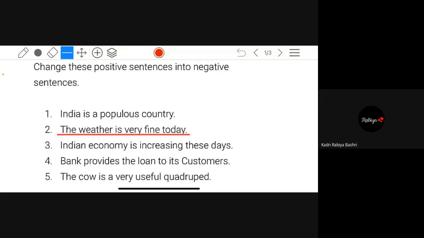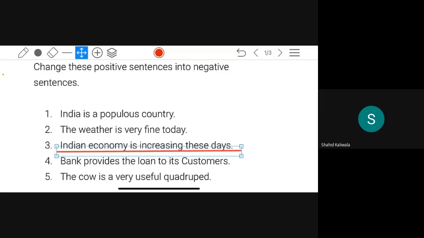The weather is very fine today. Make it negative. The weather is not fine today. Not very fine today. Indian economy is increasing these days. Is not increasing these days.